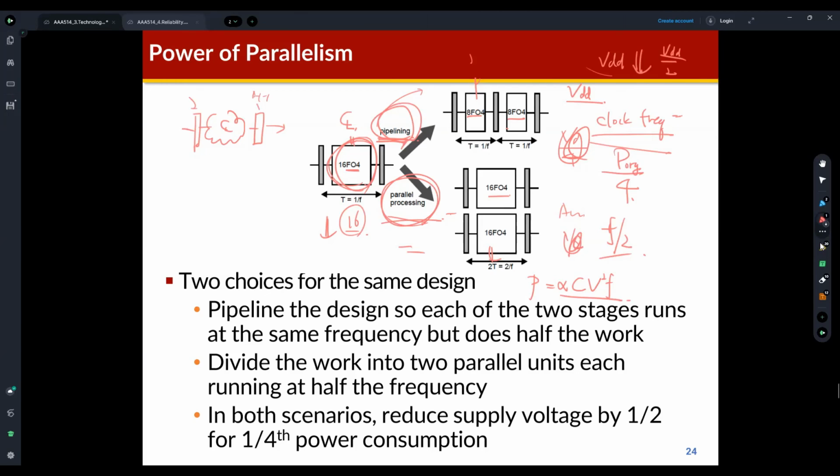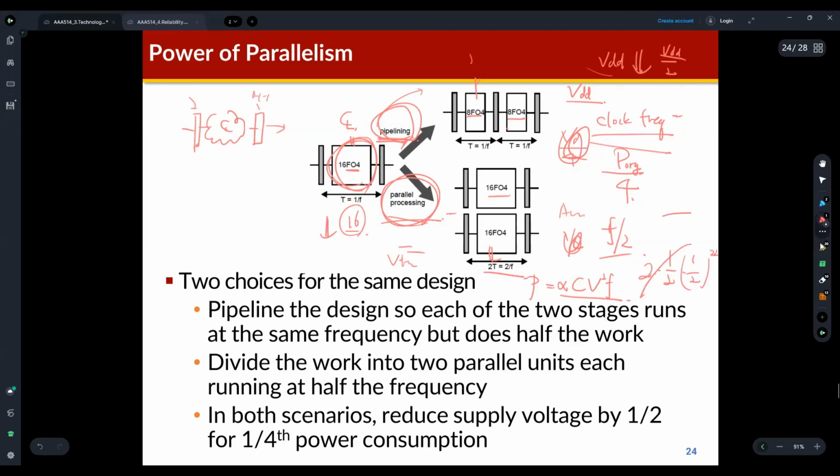So C becomes 2, and F becomes 1 over 2. And how about the voltage? If we can reduce this frequency level by half, then we can also reduce the supply voltage level by half.